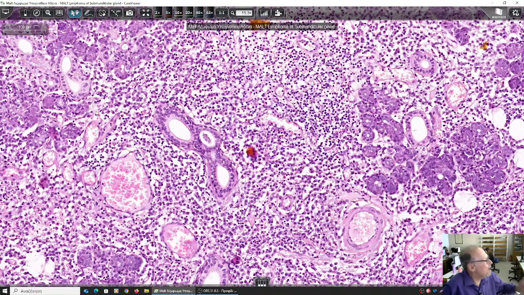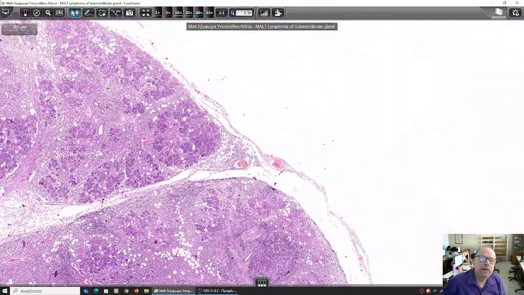So this is a MALT lymphoma, a B-cell non-Hodgkin lymphoma deriving from mucosa-associated lymphoid tissue. And immunohistochemically, you'll just know that the MALT lymphoma diagnosis is a diagnosis by exclusion. That means it does not express cyclin D1, it's not mantle cell lymphoma. This is a marginal zone lymphoma, B-cell lymphoma.